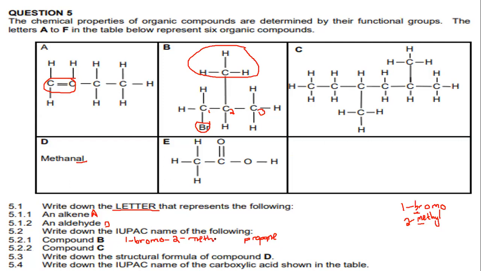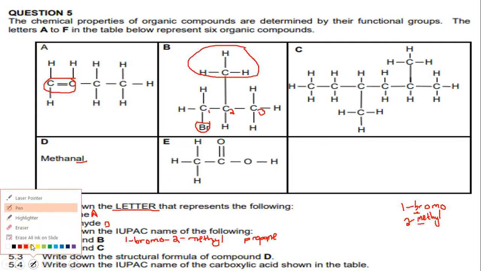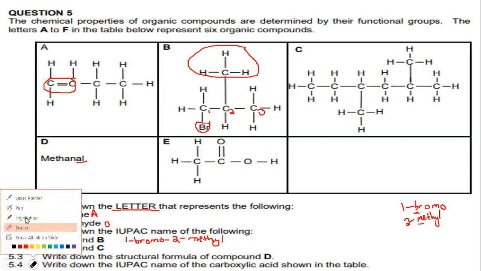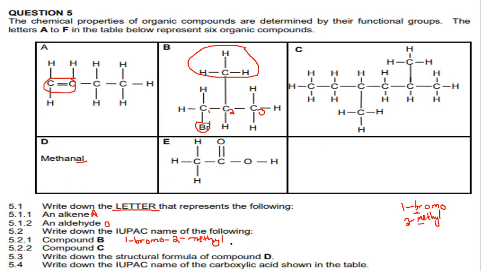So the full name here is 1 bromo, 2 methyl propane. My propane is quite far, so let me just put it there. Right, so this is 1 bromo, 2-methyl propane, right? And for that, I'm definitely going to get 2 marks.